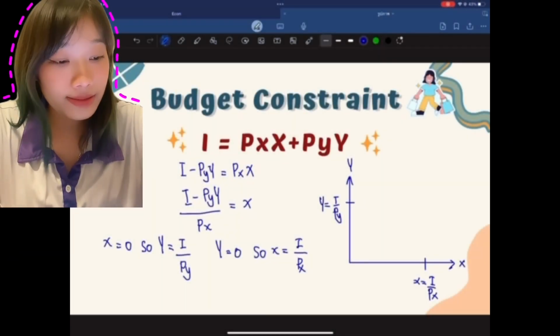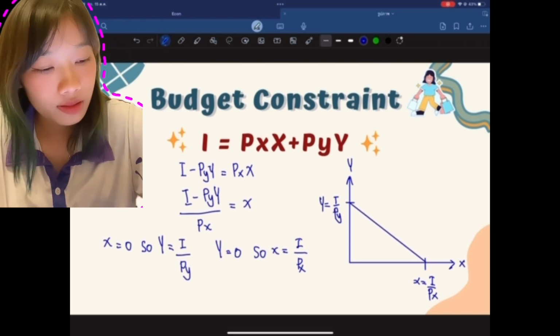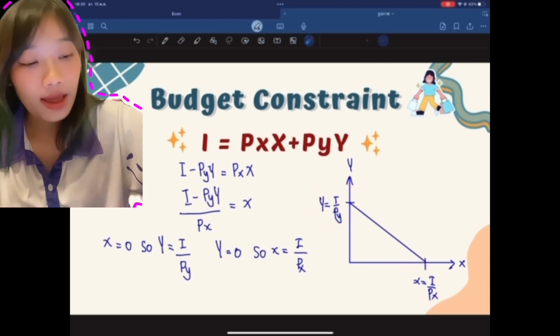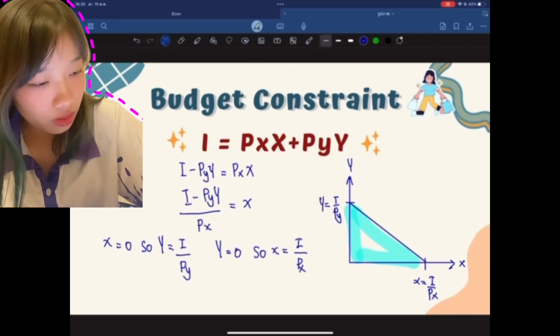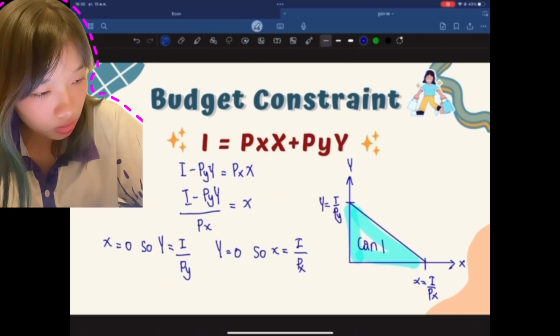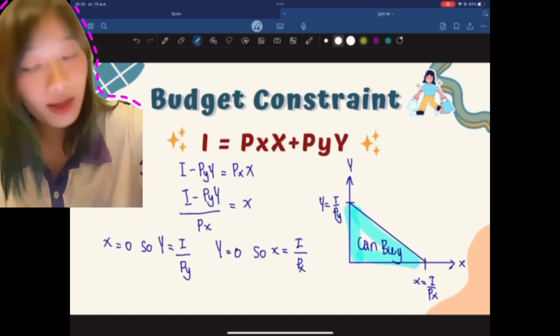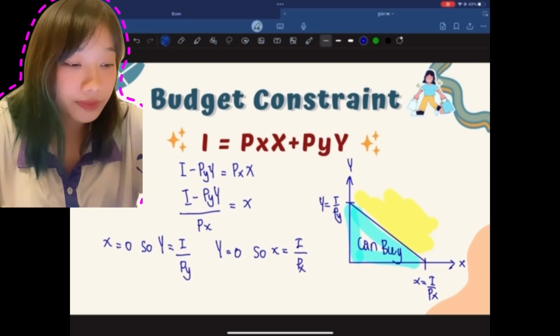You can connect this point to this point, and this is the maximum to consume. In this area you can buy goods because you have enough money, but this area you cannot buy because you don't have enough money.